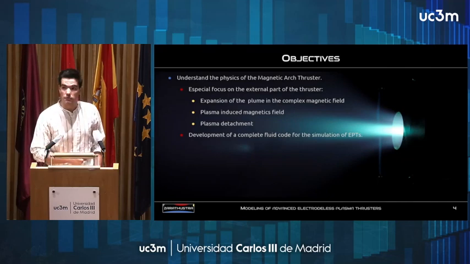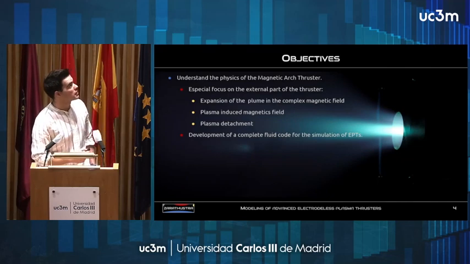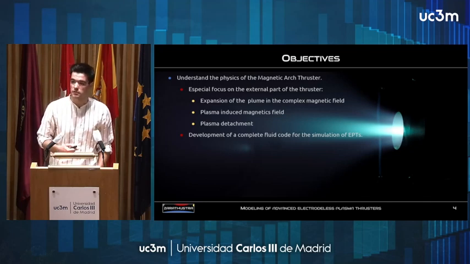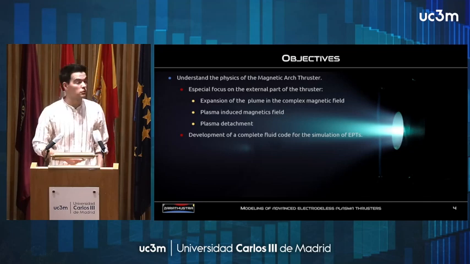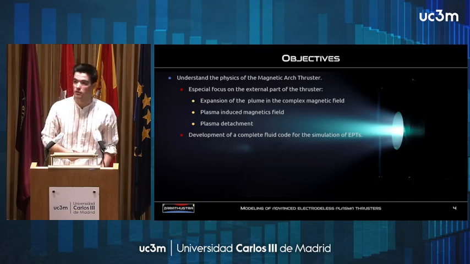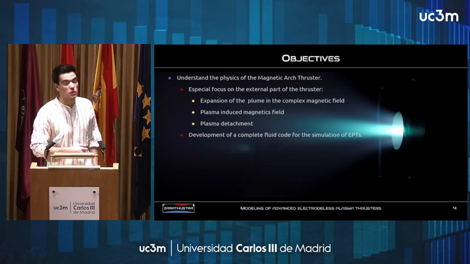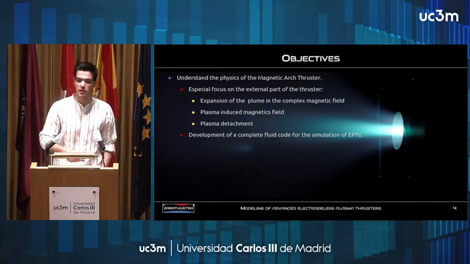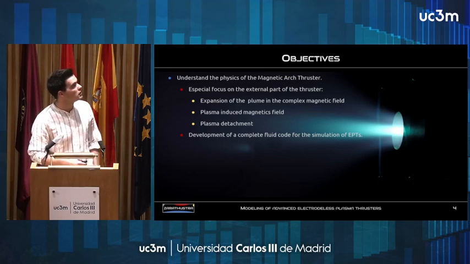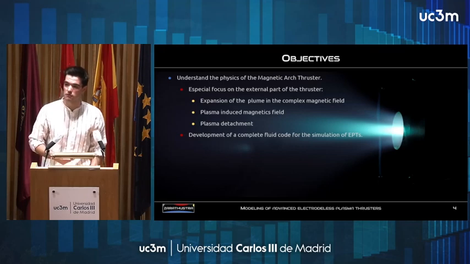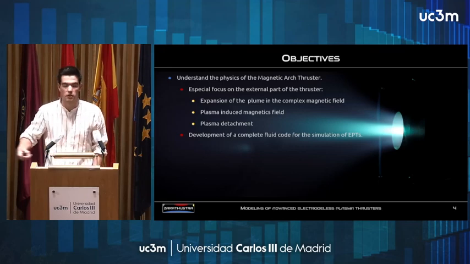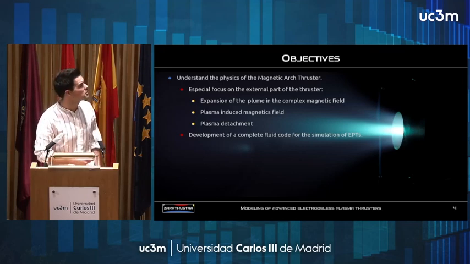The main objective of the thesis is first to understand the major physics of the magnetic arc thruster, and now I'm paying special attention to the external part of the thruster. We want to see how the plasma expands into vacuum in the magnetic field, and we want to study the effect of the self-induced plasma magnetic field, which we expect to be quite important in the expansion.